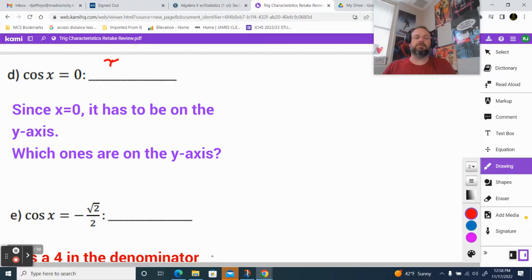Pi over 2. Okay? The other one is halfway between 1 pi and 2 pi. Yes! 3 pi over 2. Somebody got it.